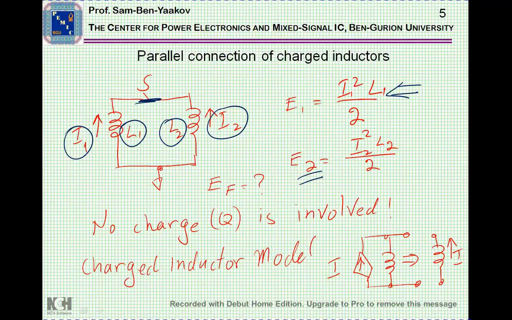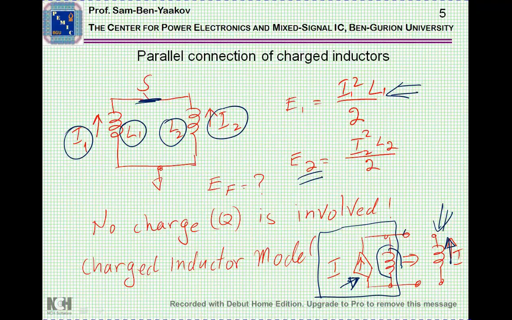I'm going to use what I think is an intuitive and easy to understand approach, which will use a model of a charged inductor. If you have an inductor which has an initial value of a current, you can represent it as an inductor without any current plus a current source, the magnitude of which is the initial value of the inductor current.